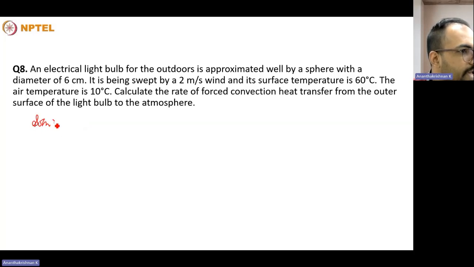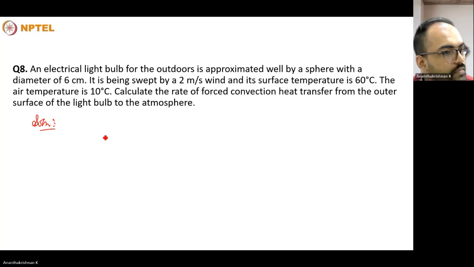So this is the case of forced convection, but we do not know whether this is a laminar flow or a turbulent flow. For that, we need to calculate the Reynolds number. First of all, we calculate the air properties. Air temperature is 10 degrees Celsius.